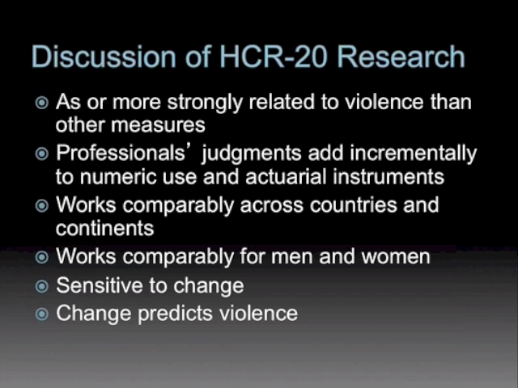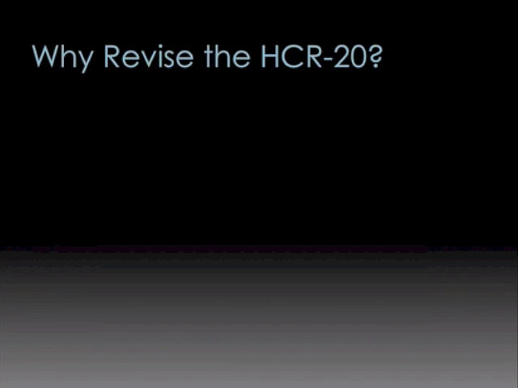It works comparably across countries and continents, for men and for women. It's sensitive to change, and those changes tend to predict violence. This is what we have learned, and it's supportive of the HCR-20 model. So it leads to the question, why change it? It seems to be doing okay.